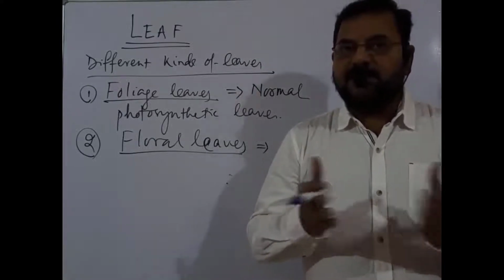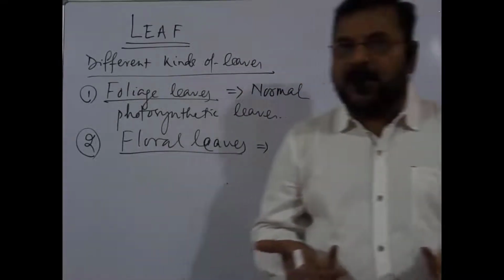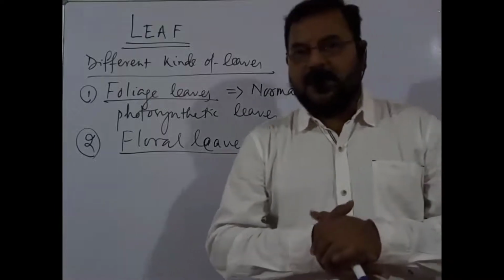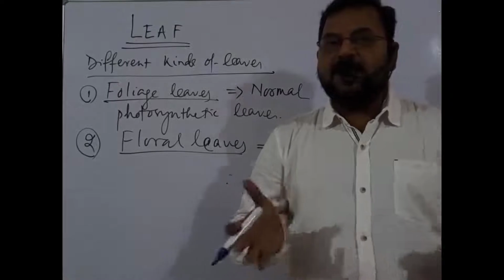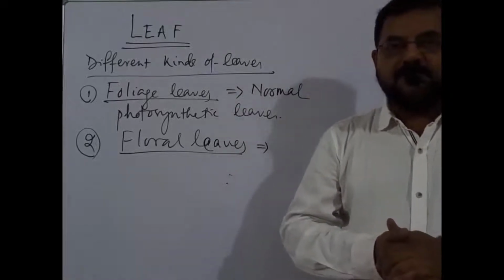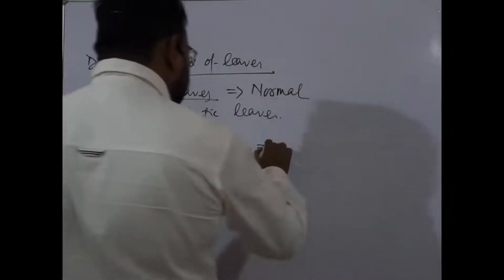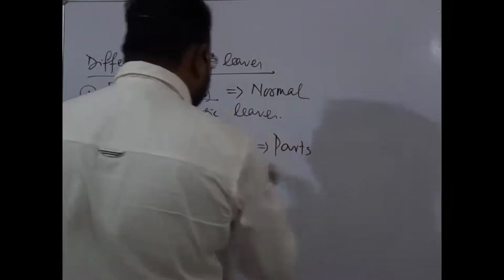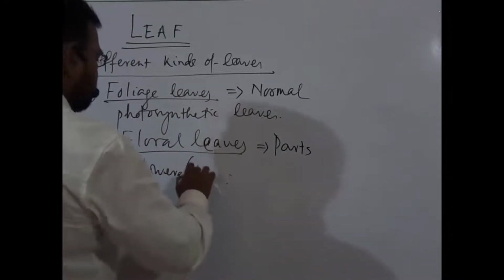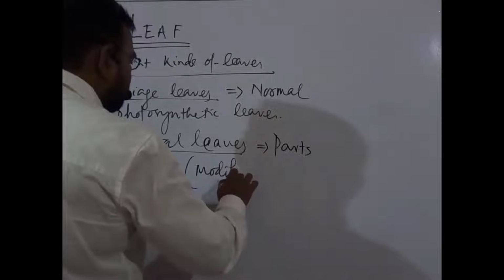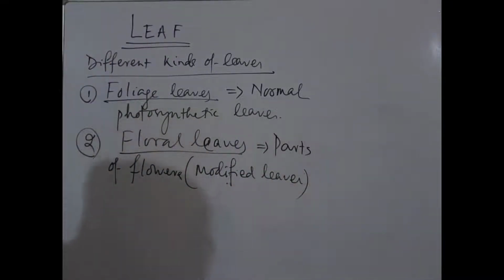Just like a branch has leaves, if the branch is modified and converted into a flower, the leaves become part of the flower. So the parts of the flower, like sepals, petals, stamens and carpels, are known as floral leaves. That is called modified leaves.